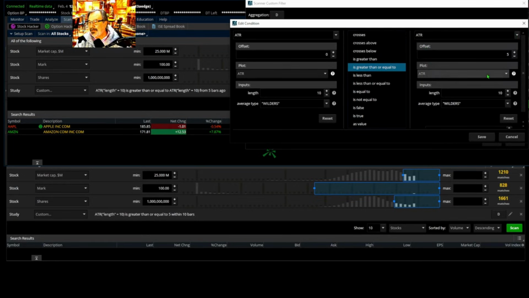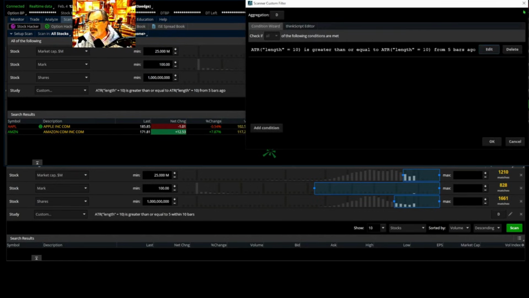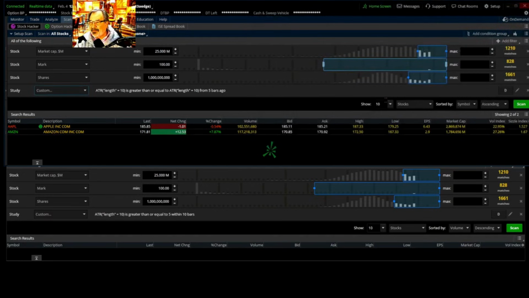That's right. This should not say is equal or greater than. Okay, well, I'm just going to cancel this. I'm going to take this off and start from scratch to see where I went wrong here.